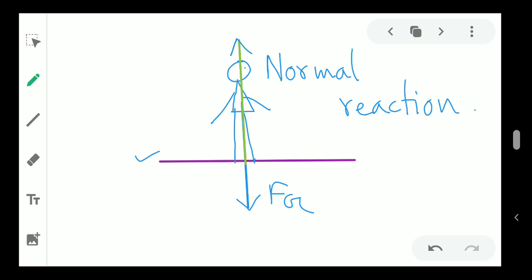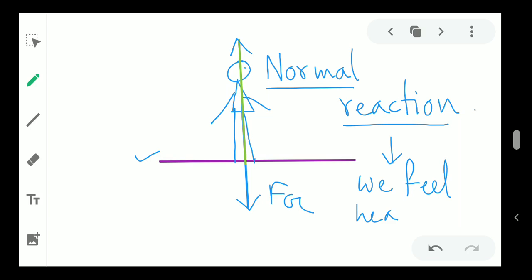So this normal reaction is actually responsible for what we feel as weight. So we feel heavy due to this. So why do we feel heavy only due to normal reaction?